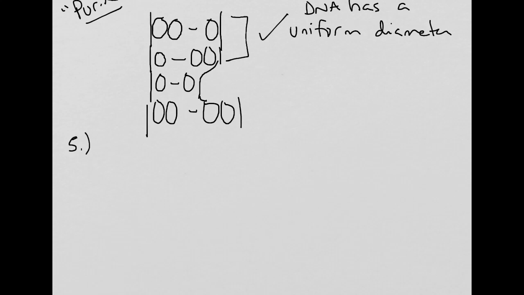So the other characteristics that we just have to mention, and we'll see these demonstrated in the next page here, we always have to remember that each DNA molecule has 2 strands. It's double-stranded DNA.